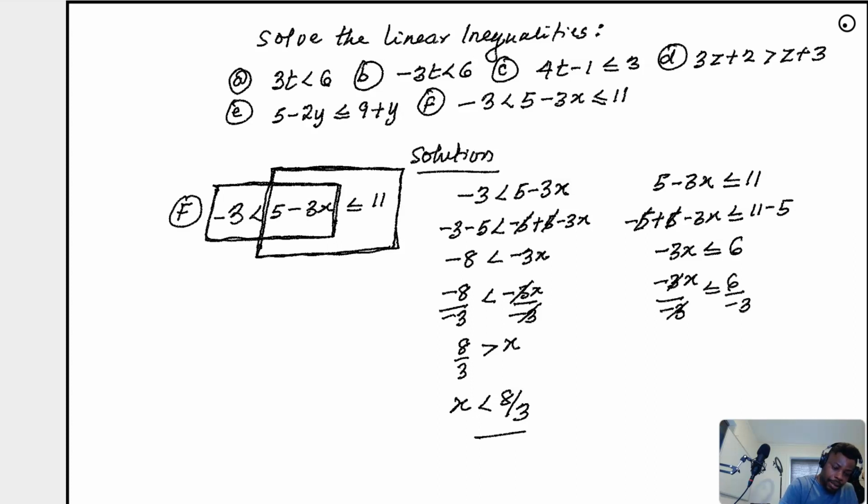That means the inequality sign will change. So you have, therefore, x is less than 8 over 3, or x is greater or equals to minus 2.